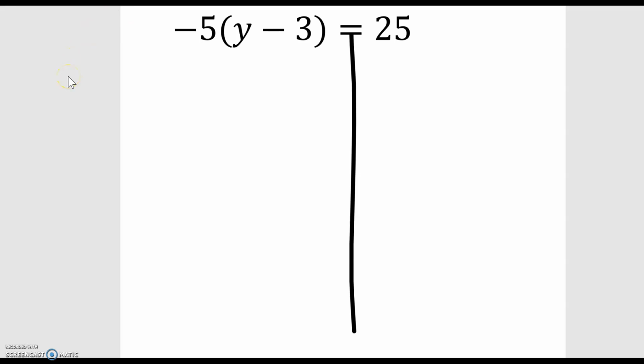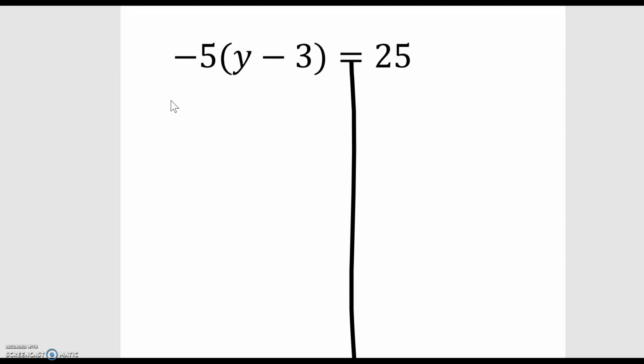Now we're going to work on our distributive property, and we're going to take our -5 and distribute it into every single term inside the parentheses. Remember, it must be multiplied by every single term. Don't leave any terms out.